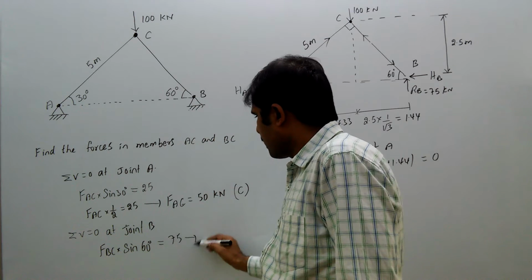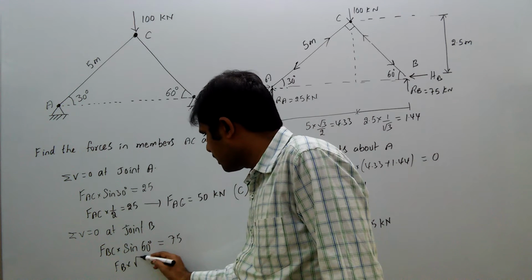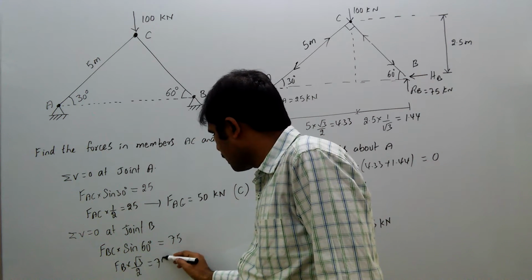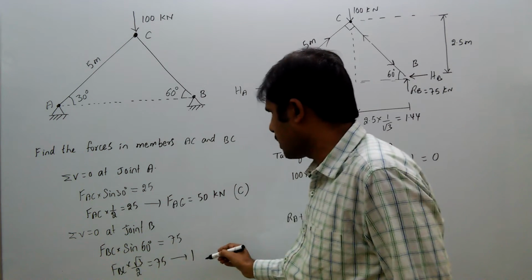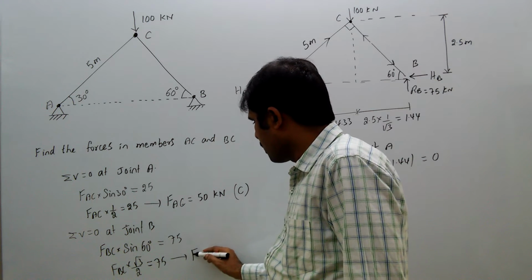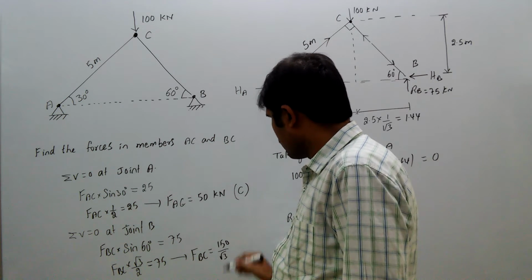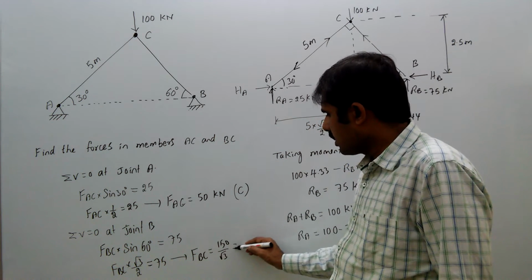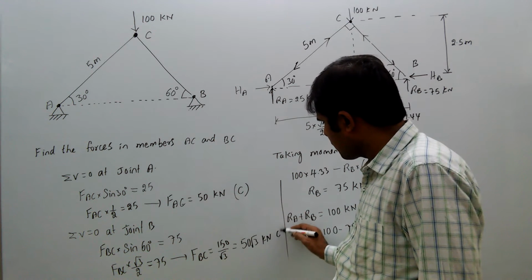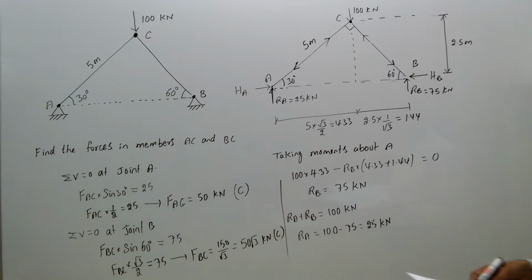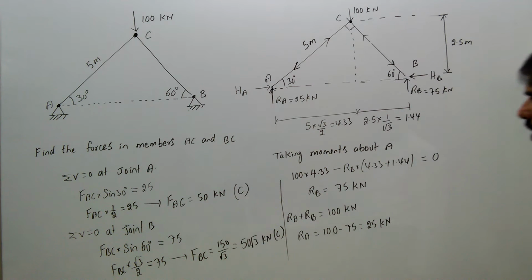From that, force in BC into sin 60, which is root 3 by 2, equal to 75. Therefore, force in BC equal to 150 by root 3, or that equal to 50 root 3 kilonewtons compressive, because multiplying and dividing with root 3 we get 50 root 3 kilonewtons compressive.